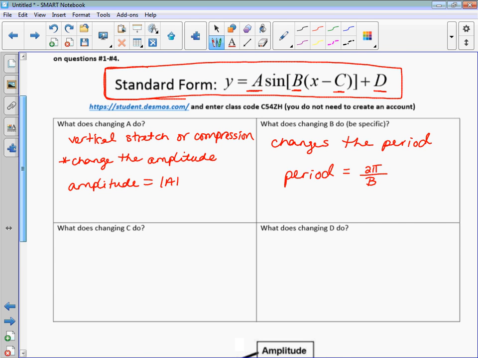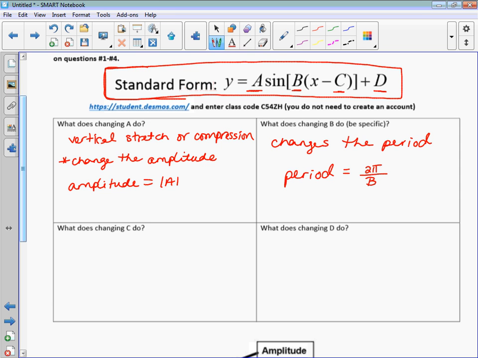Do you guys also notice here how b has been factored out of this quantity? That's very important, okay? And I'll show you how that works with graphs, but that matters a lot. This b has to be factored out of whatever's in your parentheses there. I think you can tell me what C does.